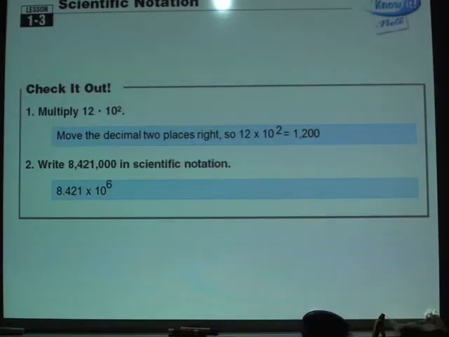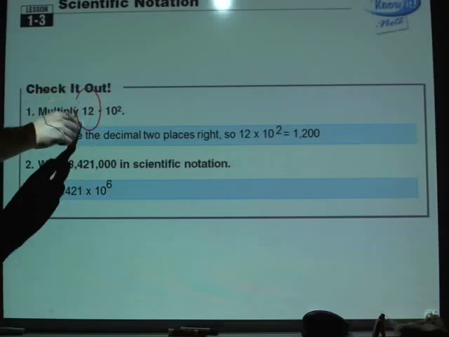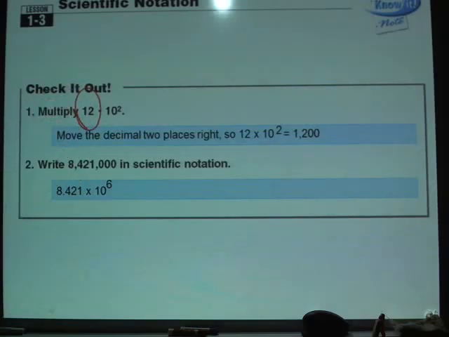So now what they're asking us to do in the check it out examples is some practice of what we've just seen. In the first question, we're going to multiply 12 times 10 to the second. Now, before we start question 1, what do we know about question number 1? What we know is that it's not written in proper scientific notation. This number in front has to be between 1 and 10 in order to be proper scientific notation.